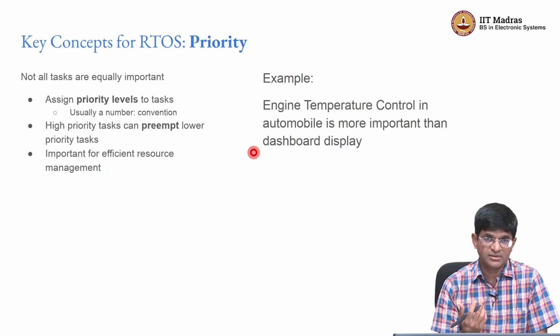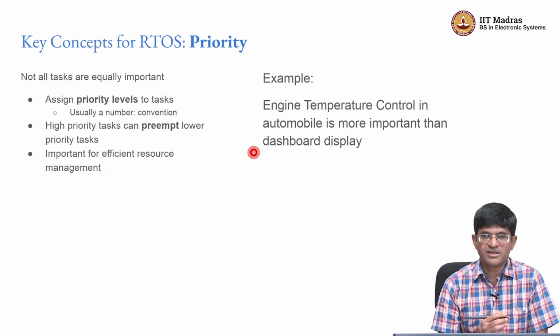So the point is that already we can imagine that there could be different tasks with different priorities, and one very important question that comes up in that context is, how do you decide the priority of a task, right? This is a very difficult problem in general. In some cases it's very obvious. For example, pressing the brakes is more important than switching the channel on the radio.